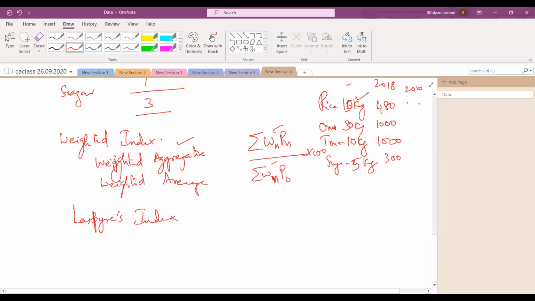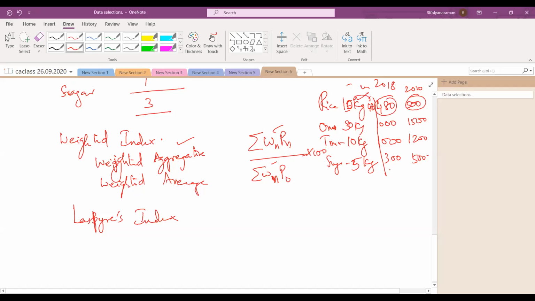Now it is 500 rupees, it is 1500, this is 1200, this is say 500. The unit cost is 48, so we multiply these two.